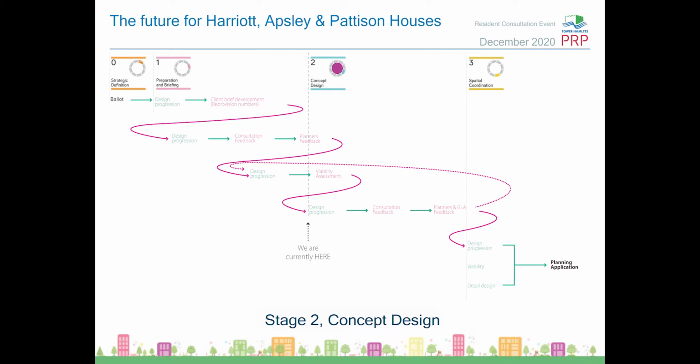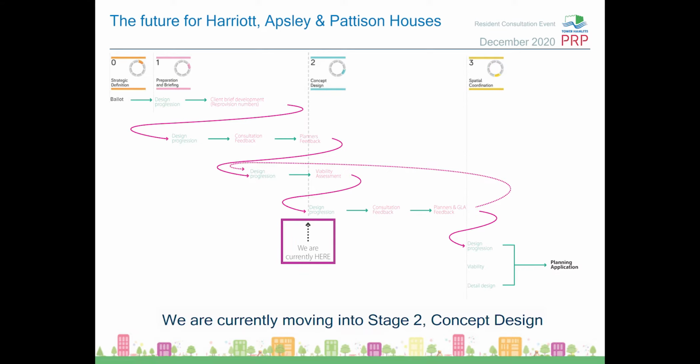Stage 2, concept design. This relates to the preparation of architectural concepts or ideas aligned to the project brief and project strategies. Stage 3, spatial coordination. At this stage, architectural and engineering information is spatially coordinated, with the ultimate goal being to prepare and submit a planning application.